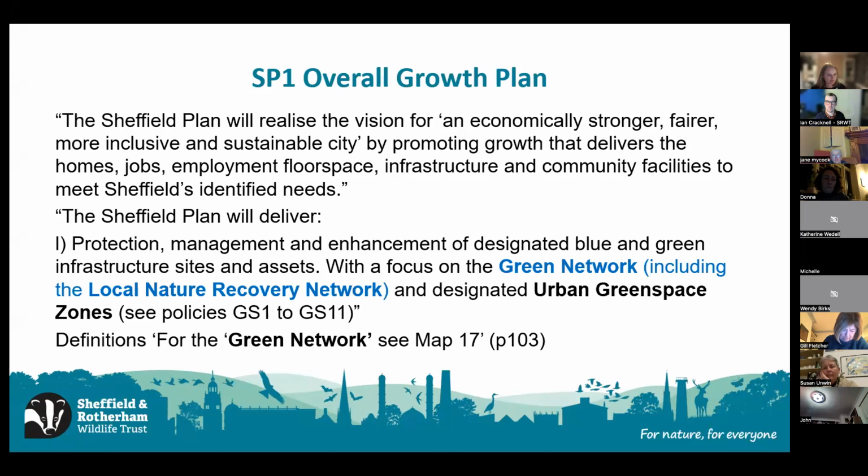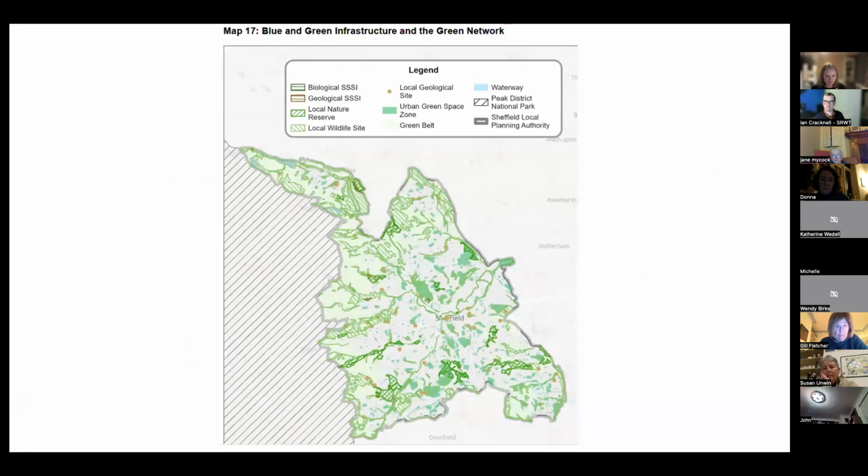It's this bit about the green network, and that it says the green network includes the local nature recovery network. And then it says definition green network, see map 17. And this is map 17. And to me, this isn't a green network, and it definitely doesn't include a local nature recovery network.